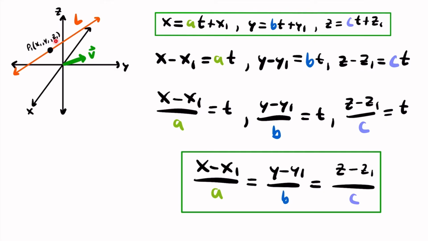You use the coordinates of that point and the direction numbers of that vector to set up each of these equations.